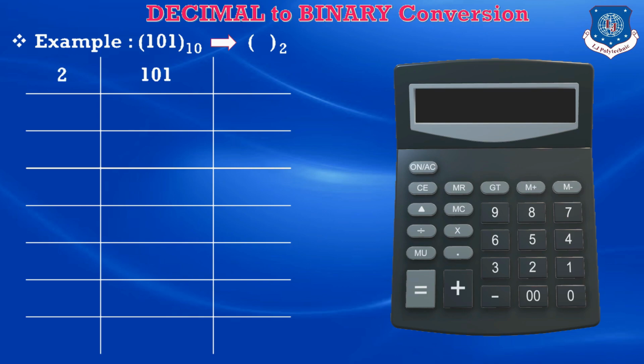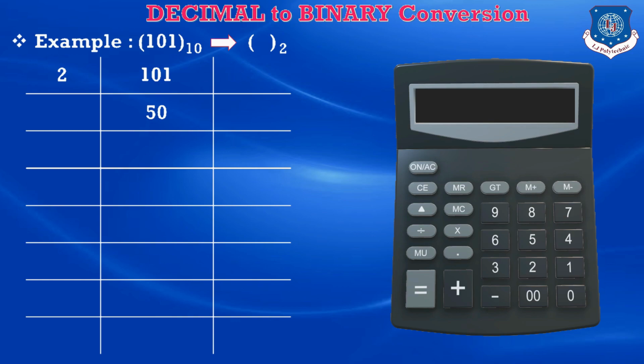Why 2? Because it is a binary conversion. The 2 is the base of the binary number system. Now if we divide 101 by 2, we get the answer 50.5. Here 50 becomes the quotient and we write the quotient over here. Now 0.5 is the remaining term, but we can't write 0.5 as a remainder.